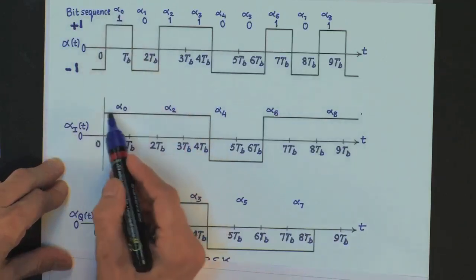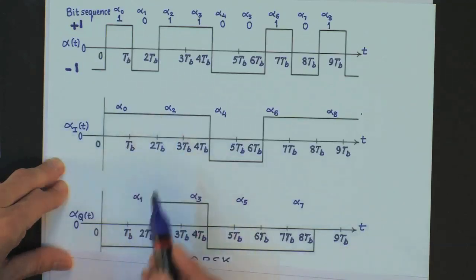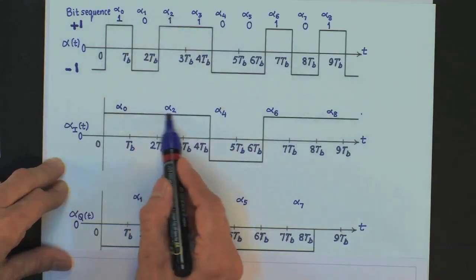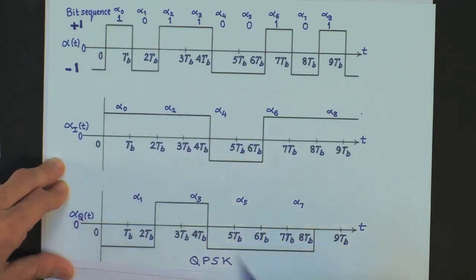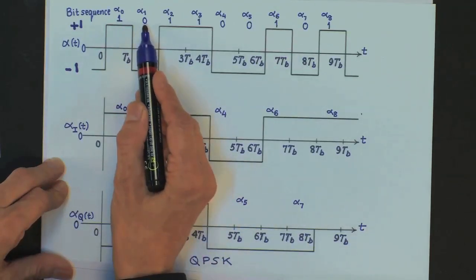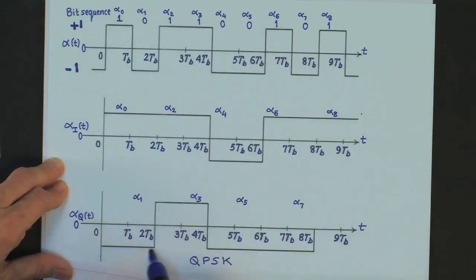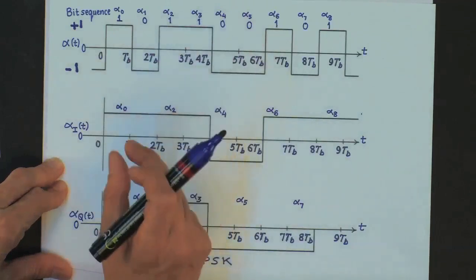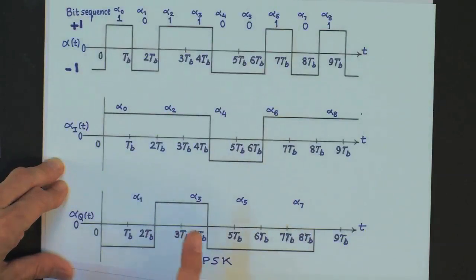I take the first bit alpha 0 and it remains there over the period 2 Tb. Then we take alpha 2 and that also remains over 2 Tb duration. And for alpha q t, we pick up the odd bits, alpha 1, alpha 3, alpha 5, alpha 7, and get this waveform for alpha q t. So, each of these even and odd bits are picked up from the original bit stream and extended over a duration of 2 Tb.